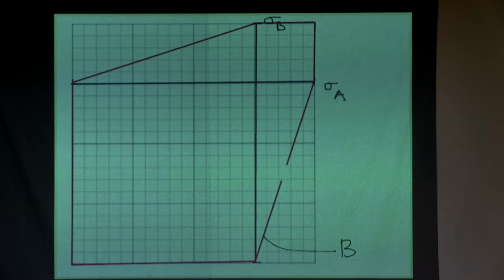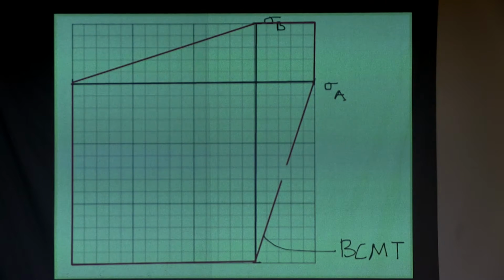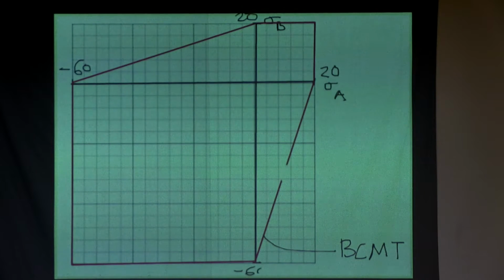This is your BCMT safety envelope. This is 20, 20, minus 60, and negative 60 here.